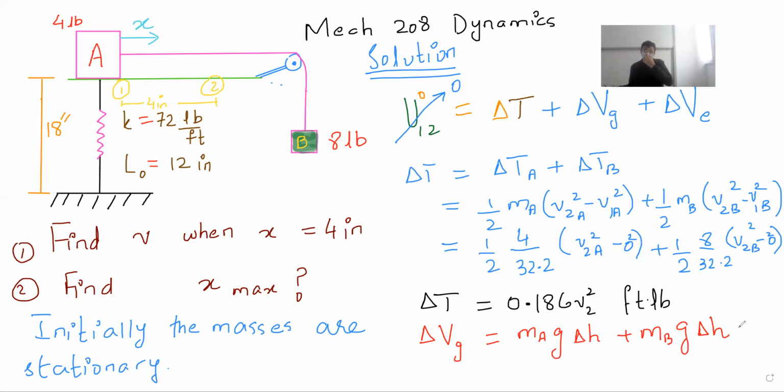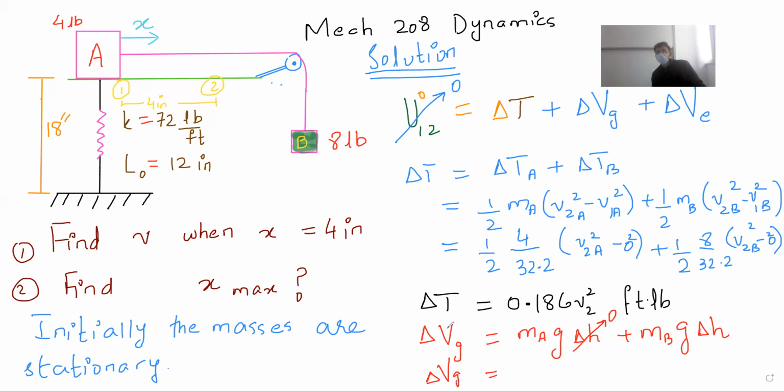So my suggestion is that you just follow one clear approach. Don't get confused with the value of g. Just have an overall feel of the problem. For the mass A, there is no delta H, right? But when it comes to mass B, the mass was sitting here, the mass came down. So there is a decrease in the potential energy. So you don't play with the value of g, you play with the value of delta H, right? So it's pretty much a game over.